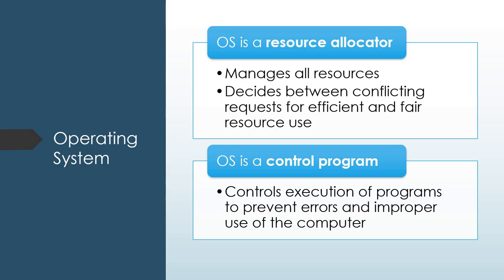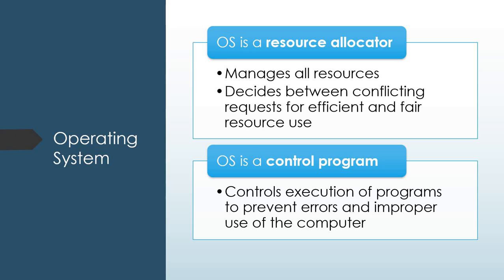And the next important thing, the operating system is a control program. What is this controlling of programs? Whenever programs are executing, they need to be controlled without error, and we have to ensure smooth execution.